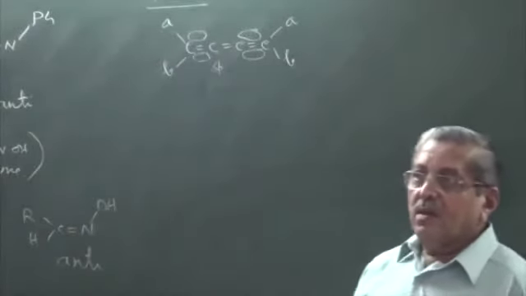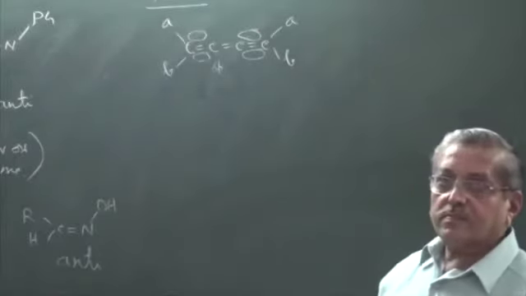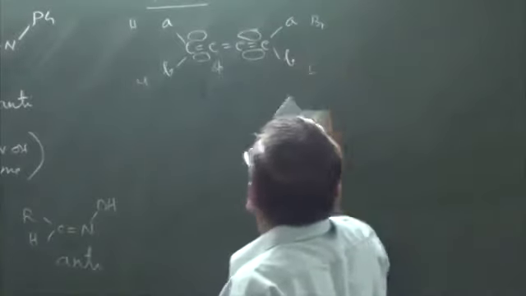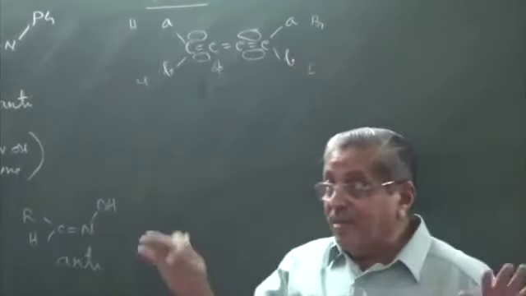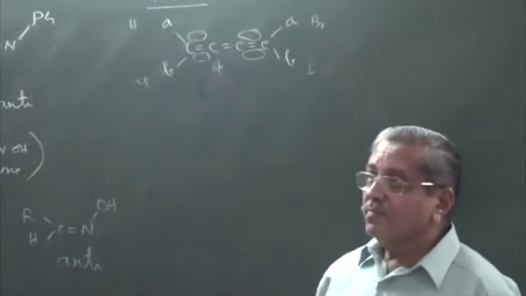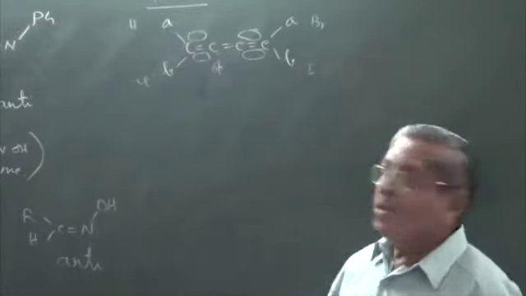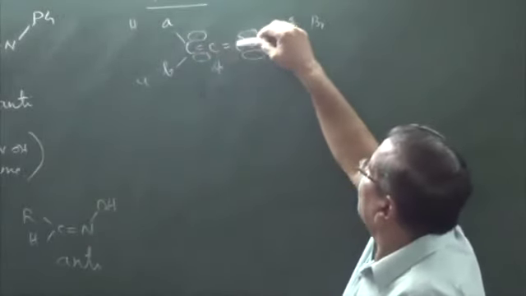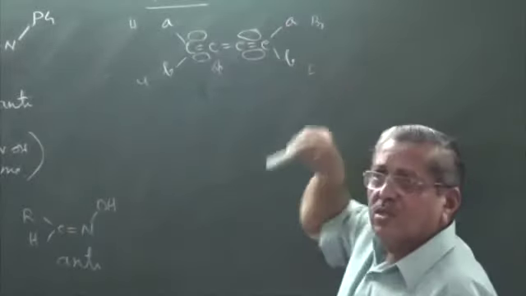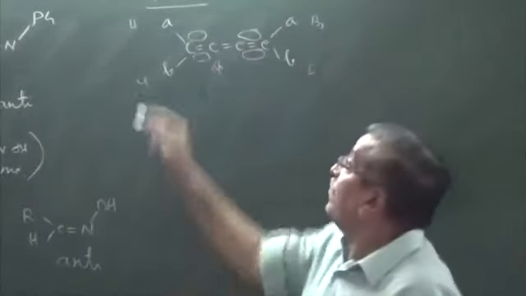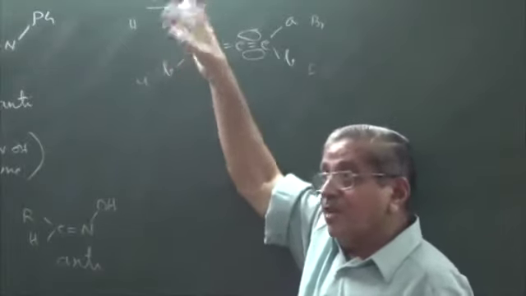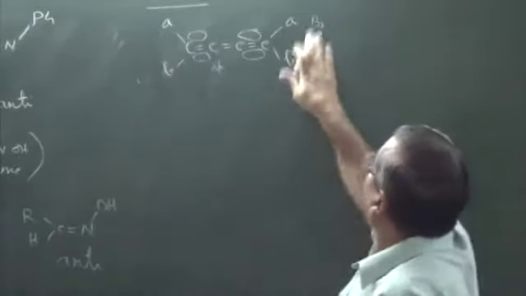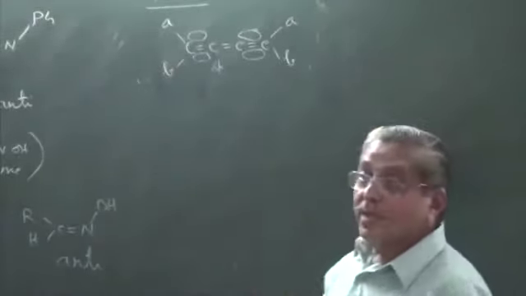Totally, how many atoms lie in the same plane? 1, 2, 3, 4, 5, 6, 7, 8. All of them lie in the same plane, no? But if it is CH3, then the hydrogen atoms are in different planes because it is tetrahedral. If it is a single atom, then it is in the same plane. Now, will it show geometrical isomerism?